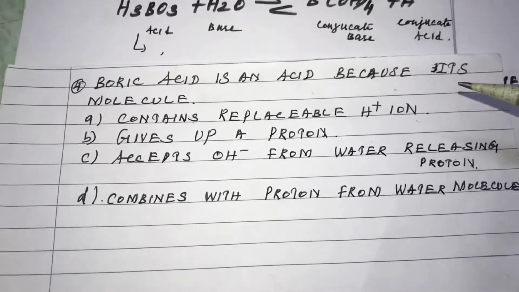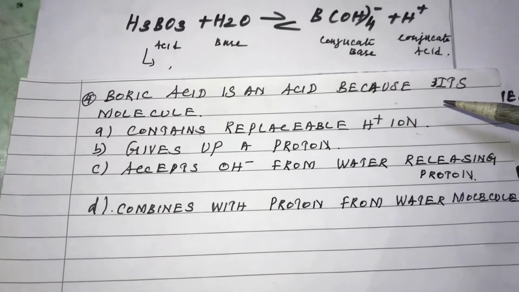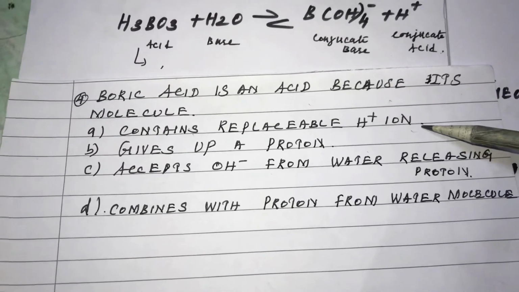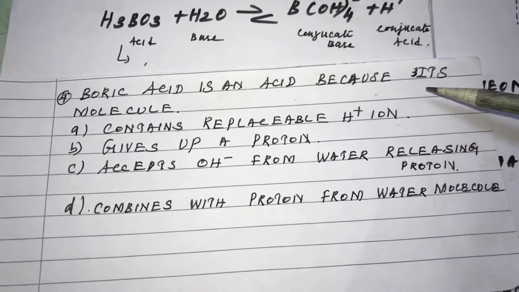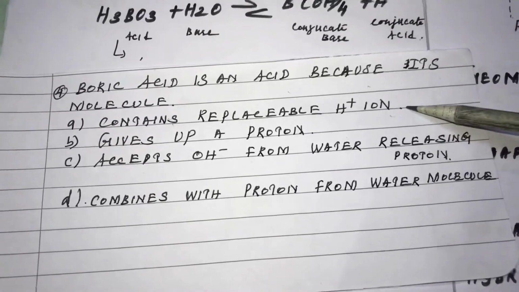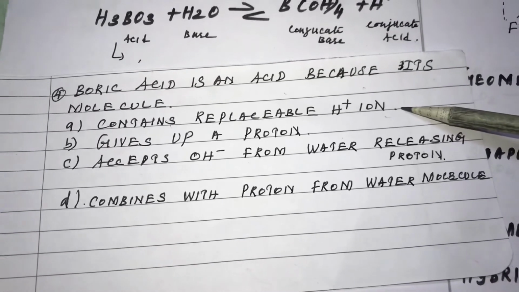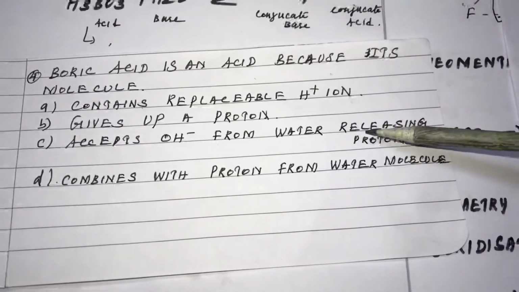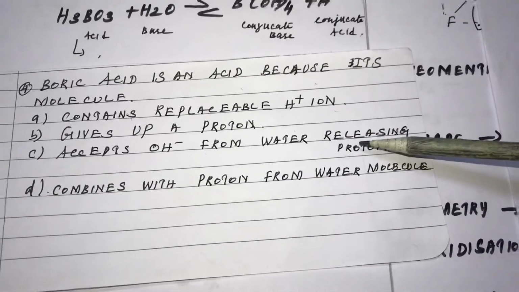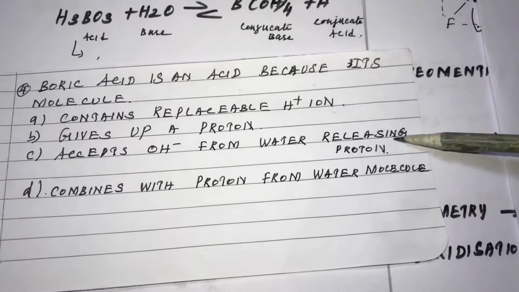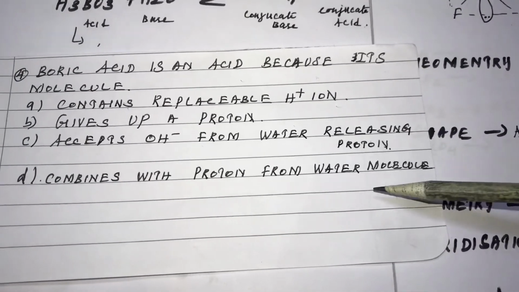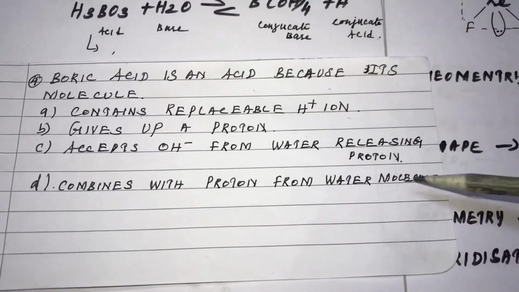Next question: boric acid is an acid because of its molecule. The choices given are: contains replaceable H+ ion, gives a proton, accepts OH- from water releasing proton, combines with proton from water molecule.